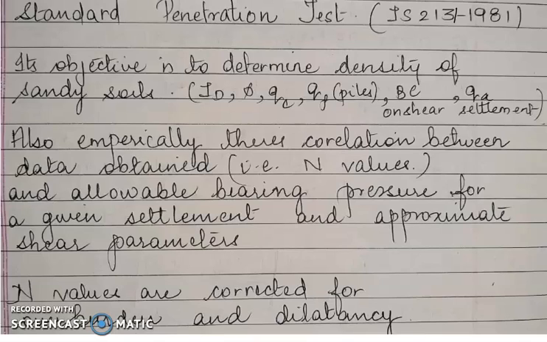The corrections applied for N values are primarily for two cases. First is overburden, and second is dilatancy. Now what is dilatancy? There is a video which I am going to embed in the link description to explain dilatancy. Now this is seen in cohesionless soils.